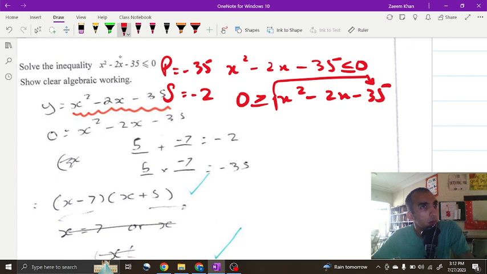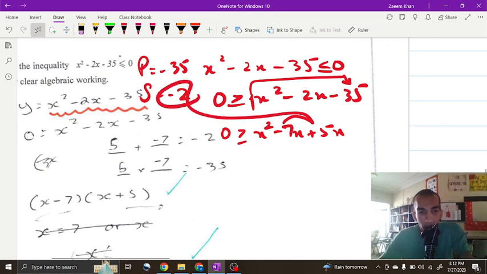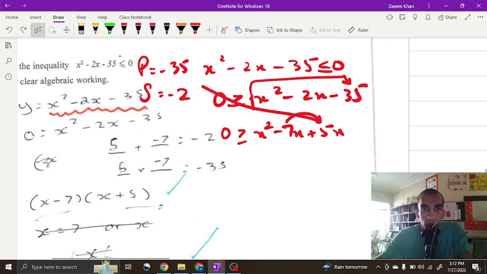Yes, 7 and 5. Perfect. So we have 0 is greater than equals to x squared minus 7x plus 5x, because negative 7 plus 5 will give you negative 2, and negative 7 and 5 multiplied together would give you negative 35.